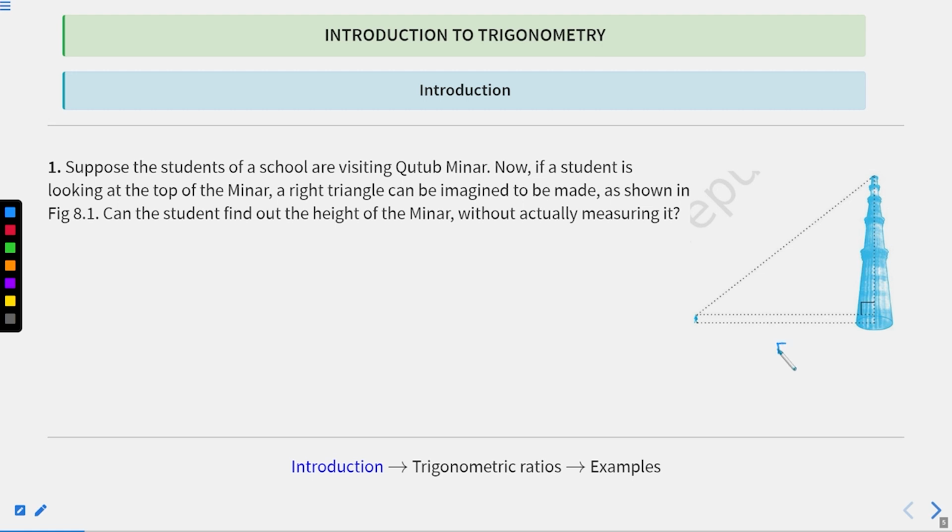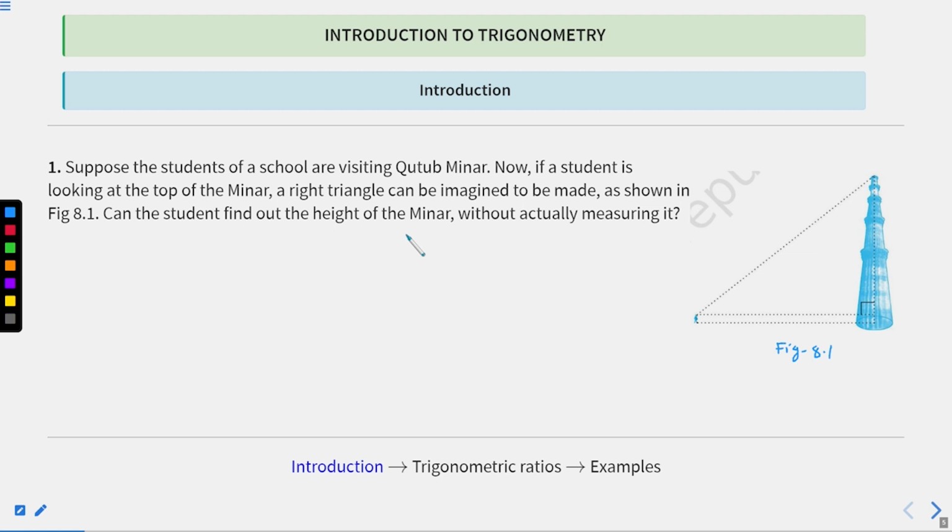Here you can see one student who is seeing the top of the Qutub Minar, and a right angle triangle is formed. So can the student find out the height of the Minar without actually measuring it?